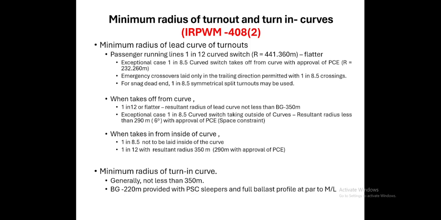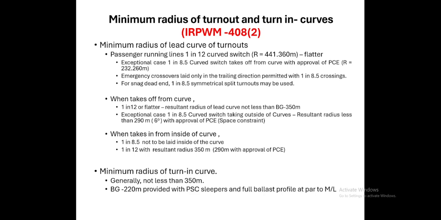Because normally 1 in 12 is a flat radius, the lead radius is 441.360 meters, whereas the lead radius of 1 in 8.5 is 232.26 meters. It is sharper. That is why, preferably for passenger running lines, we go for the flatter radius, that is 1 in 12 or flatter.